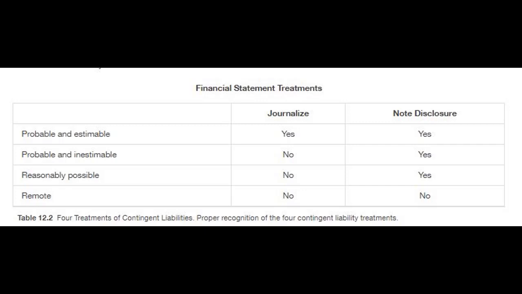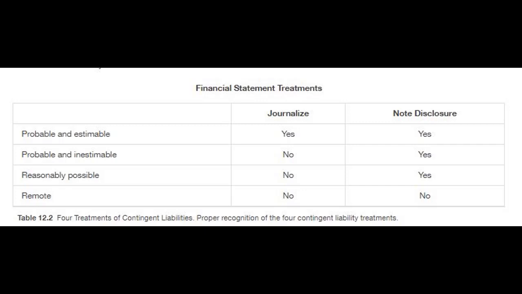If the lawsuit or the liability is not estimable, in other words, if you cannot estimate how much you will need to pay, or if you believe that it is only reasonably possible but not probable that you will have to pay, or if it is very unlikely that you will lose the lawsuit and have to pay. In other words, if payment is remote, then you do not have to record the liability.